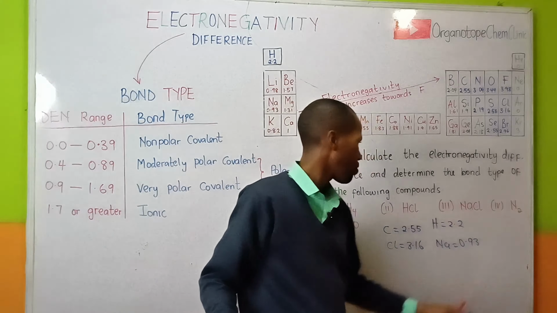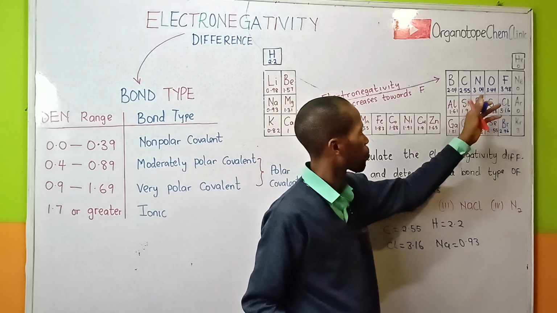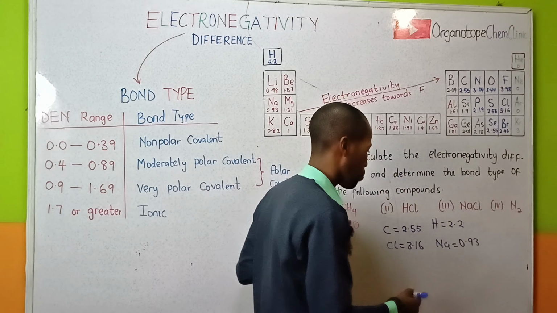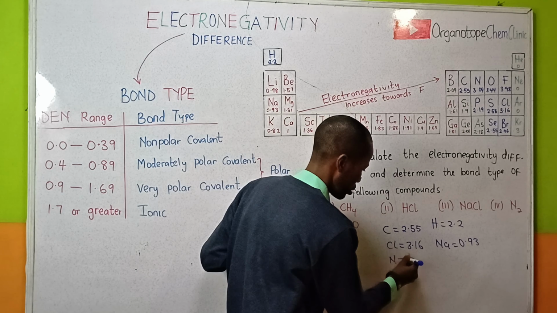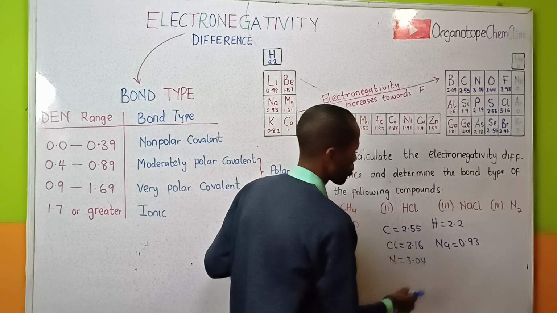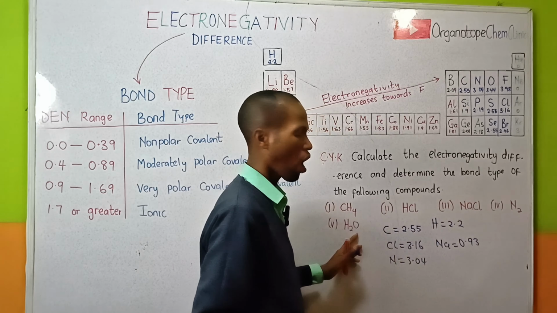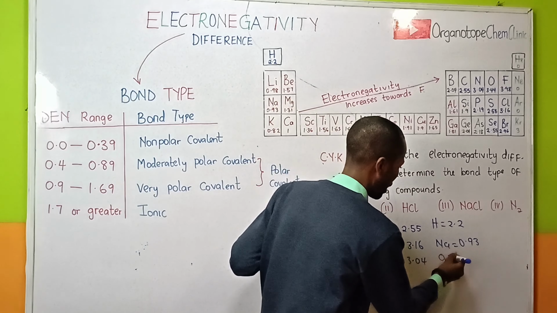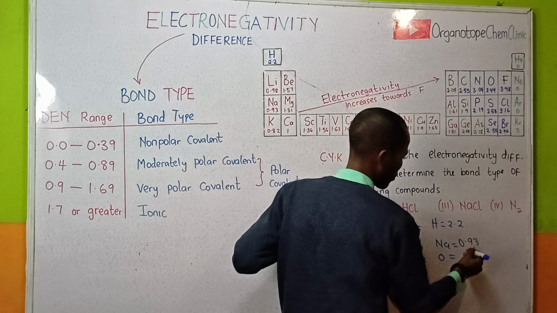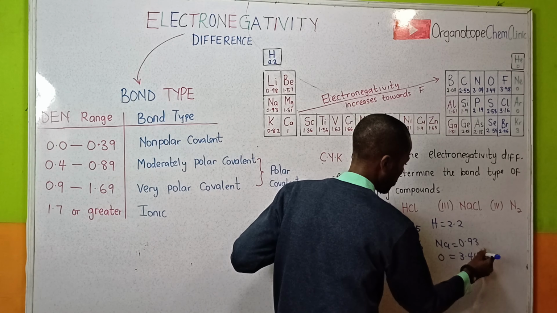The electronegativity value of nitrogen from the Pauling scale right here is 3.04, while that of oxygen is given as, we have oxygen right here, 3.44.